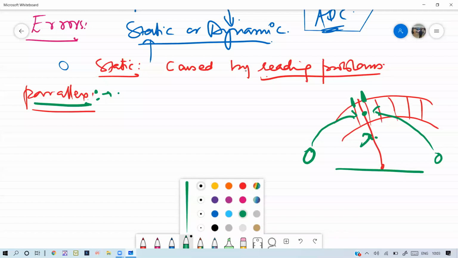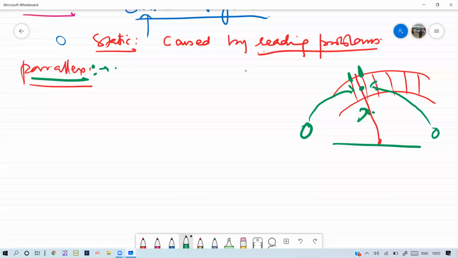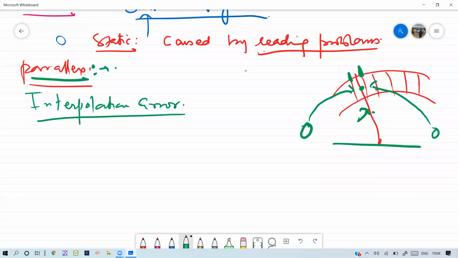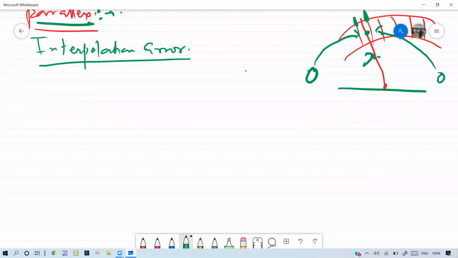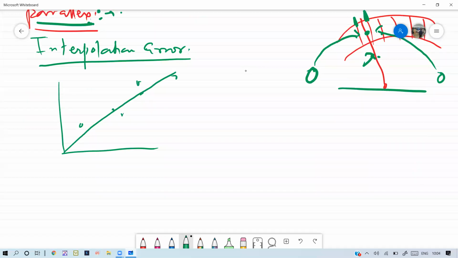Another error of this type is the interpolation error. If you have studied interpolation, for example, you have a set of data plotted, with x some quantity and y another. You know the value of y at this x and at this x.